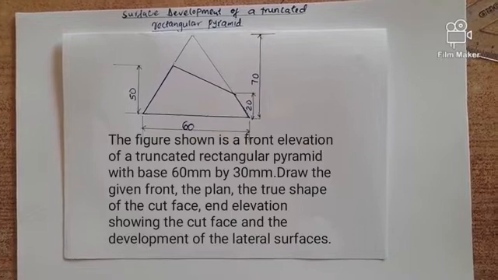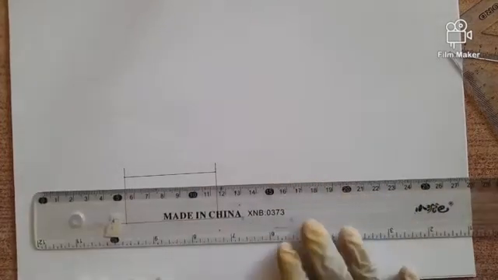So we begin. What we have here is our plan, which is rectangular shaped, and it's measuring 60 by 30, out of which we are going to project the front elevation above, and therefore we are going to have a baseline for us to draw our given front elevation up here.